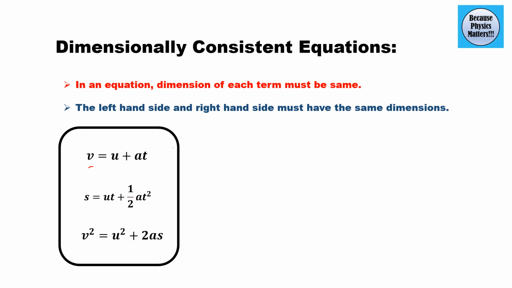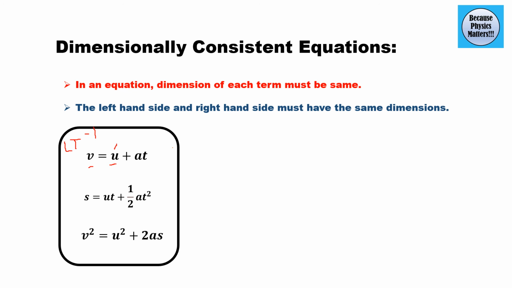So this is speed, this is also speed. So if I simply write the things here, you can see that this is a speed. We have just calculated that the dimension of this is LT minus 1, because the speed is the distance upon time. So this is LT minus 1.